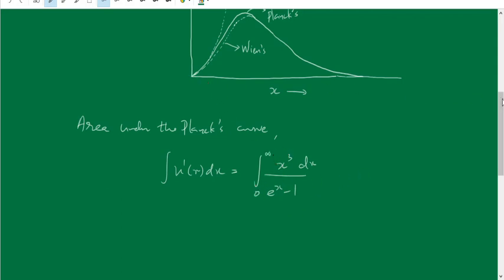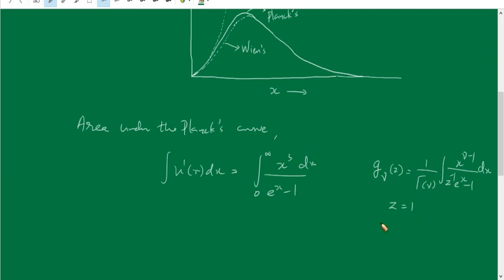Here we know the Bose-Einstein function g nu of z is equal to 1 by gamma of nu times the integral of x raised to nu minus 1 divided by z raised to minus 1 e raised to x minus 1 dx. So in our case, mu is equal to 0, therefore z is equal to 1.